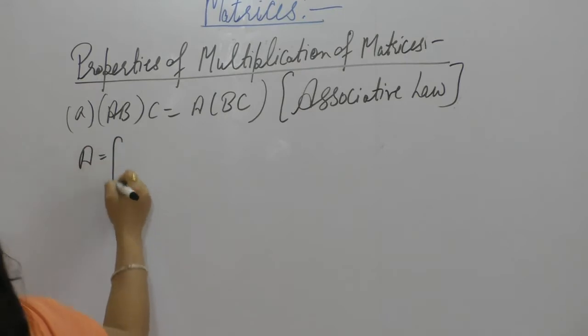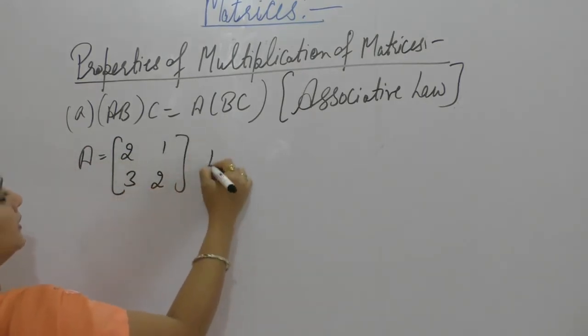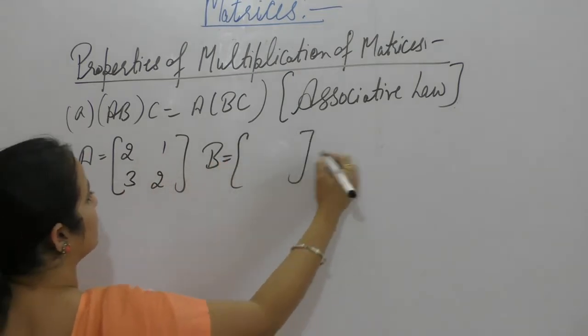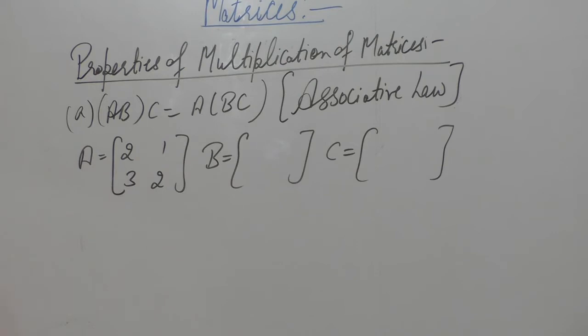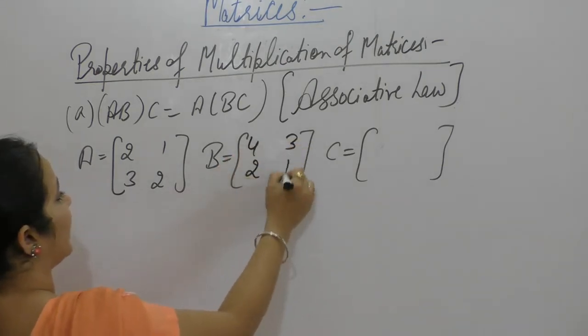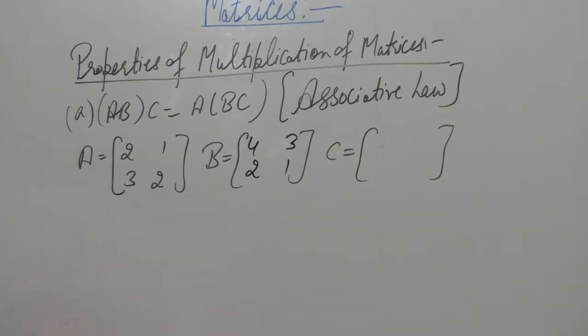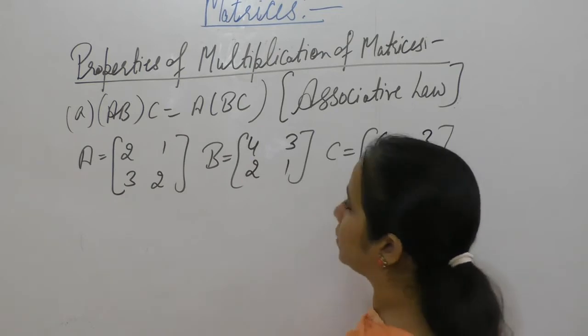Let A be [2, 1; 3, 2], B be [4, 3; 2, 1] and C be [6, 3; 2, 2].